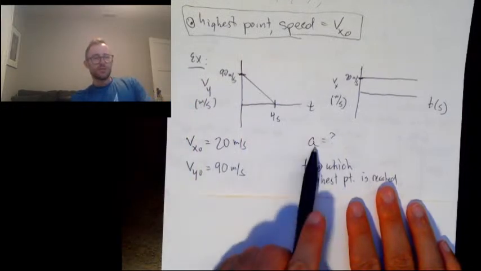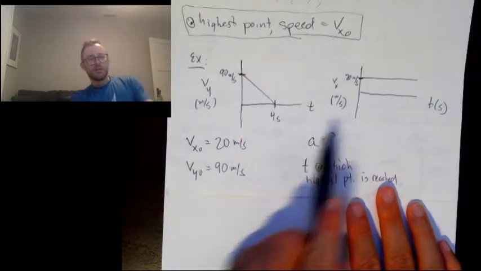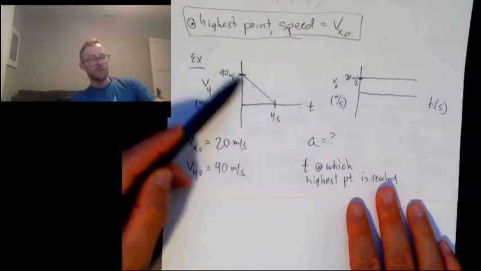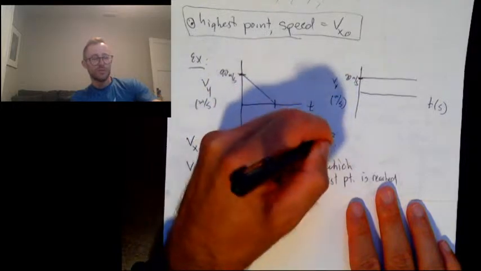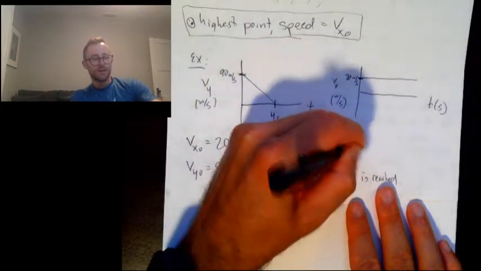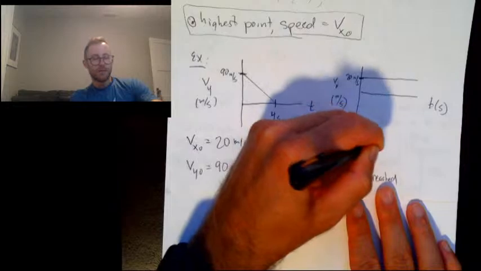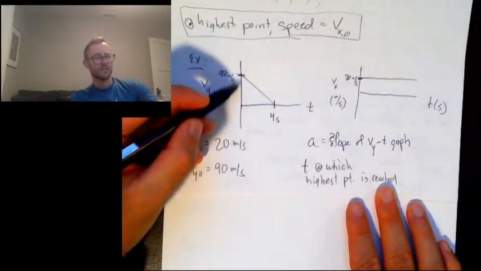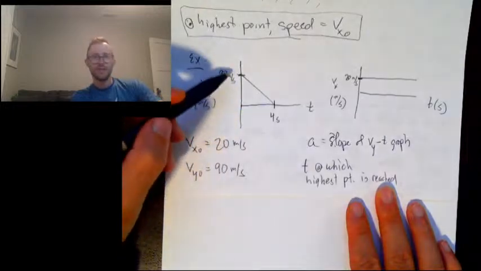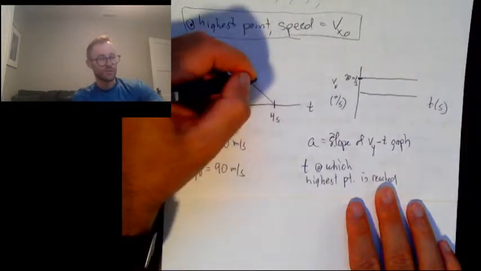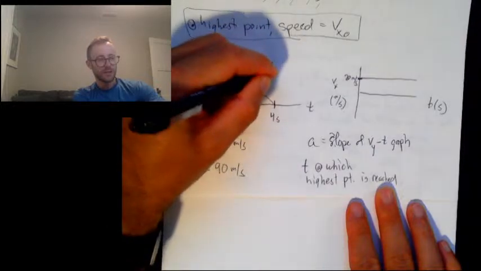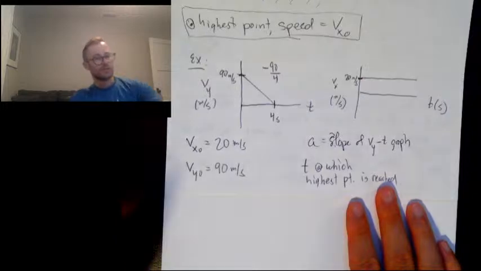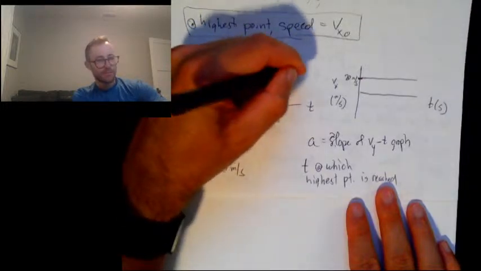What is the acceleration? Well, there is no acceleration in the x direction. All the acceleration is in the y direction. So this would be the slope of the Vy versus time graph. And I can see that this graph goes down 90 and over 4. So the slope is negative 90 over 4, which is negative 22.5.